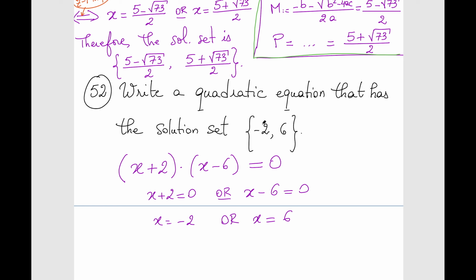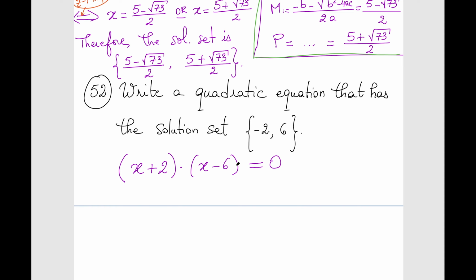Make sense? So let me erase this part. Now you believe that this equation that I just wrote, this product equals 0, has this set as its solution set. Now, what do they want? They want a quadratic equation, so they want a second degree polynomial equals 0. This is the standard form of a quadratic equation.